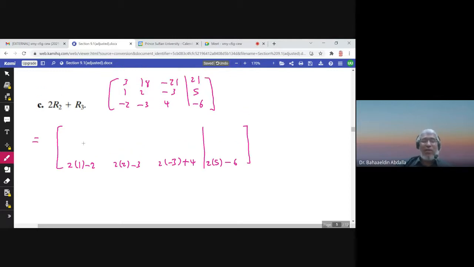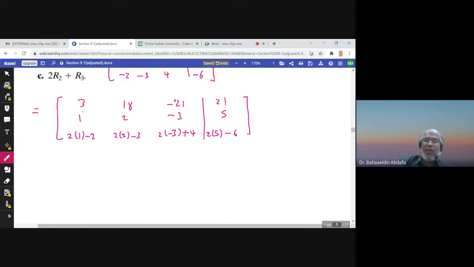You can write now these two rows again. We do not change anything in them. So I hope you understand this operation now. And now you can just write the matrix again and evaluate using the calculator. 2 minus 2 is 0. 4 minus 3 is 1.